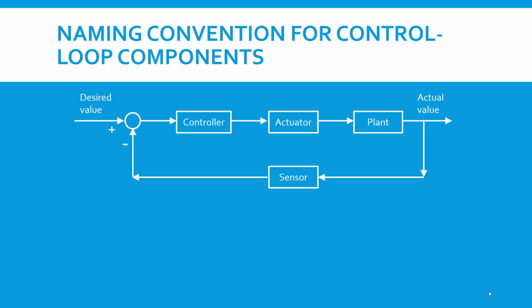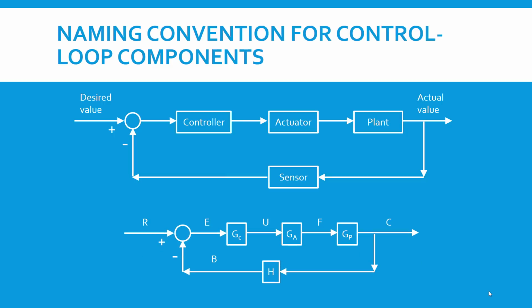So we started with this conceptual rendition of the loop in an earlier video, and we then abbreviated it by giving the various components variable names where the subscript reflects what component that belongs to. And then also, additionally, we have given names to the signals that travel between components in the control loop.